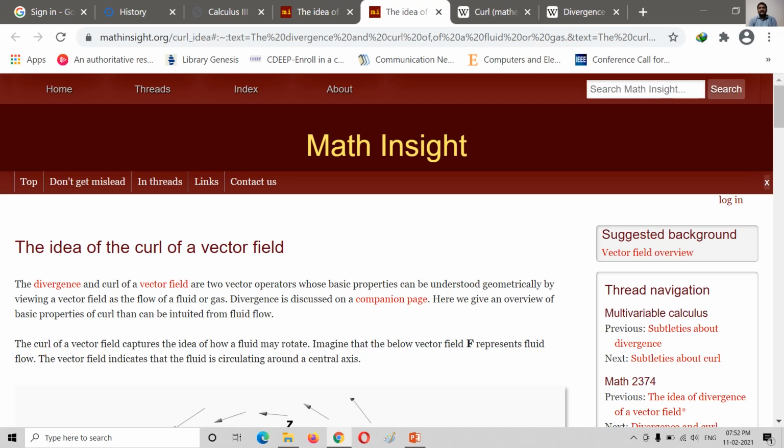Now today we are going to see the next two important concepts of vector algebra, that is the curl and the divergence. Try to recall the previous lecture and the example we had seen, the example of the tire puncture. When the tire gets punctured, the air comes out from the punctured hole.